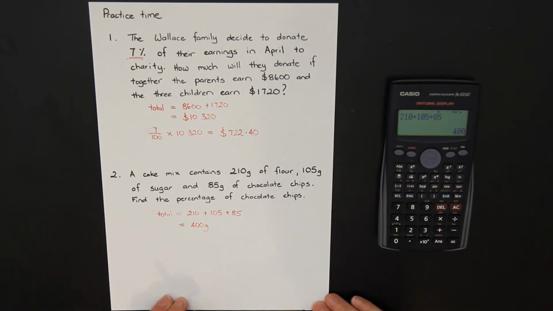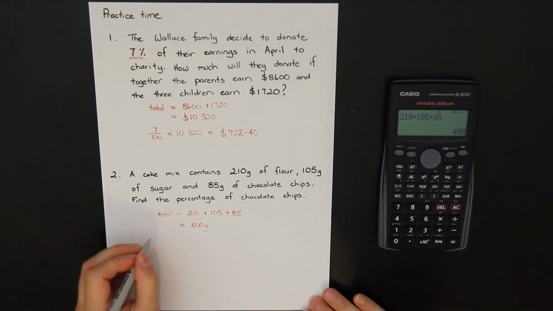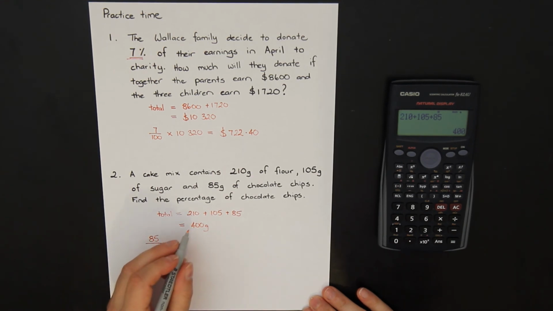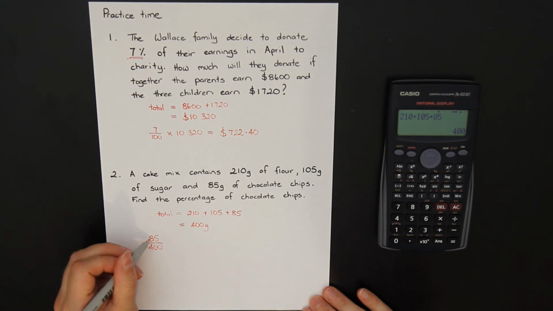So now we want to find a percentage. Find the percentage of chocolate chips. To find a percentage, how many chocolate chips do we have? We had 85 grams of chocolate chips. And we want that as a percentage of our packet. Now our packet contained a total of 400 grams. So 85 out of 400 grams is chocolate chips.